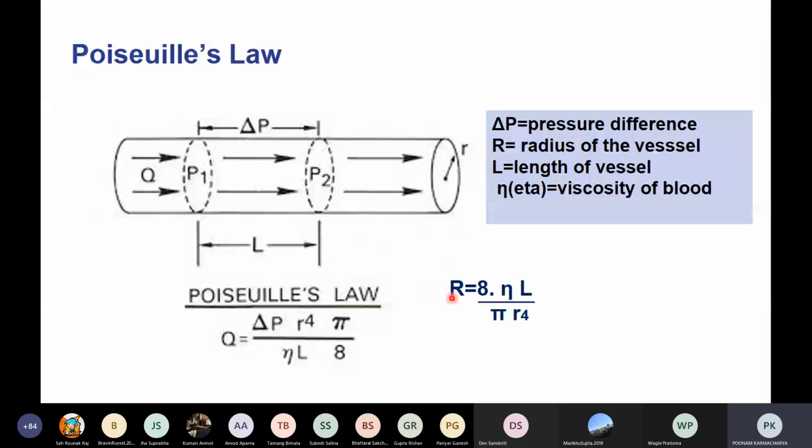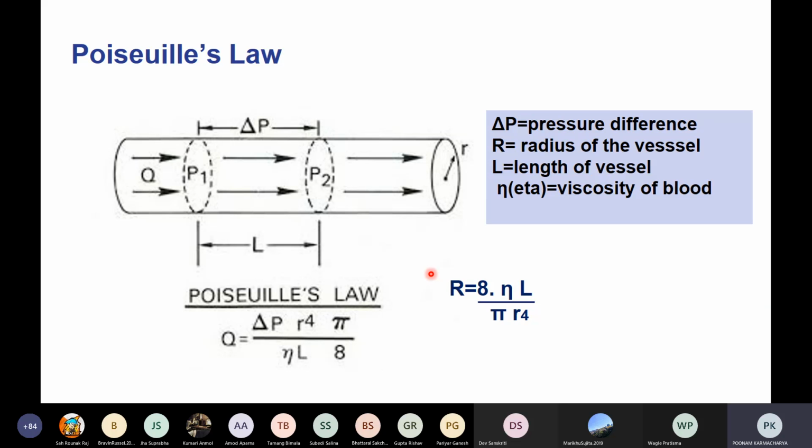I'm talking about the condition anemia. So when anemia is there, there will be decrease in viscosity, so there will be decrease in resistance, so there will be increase in blood flow.